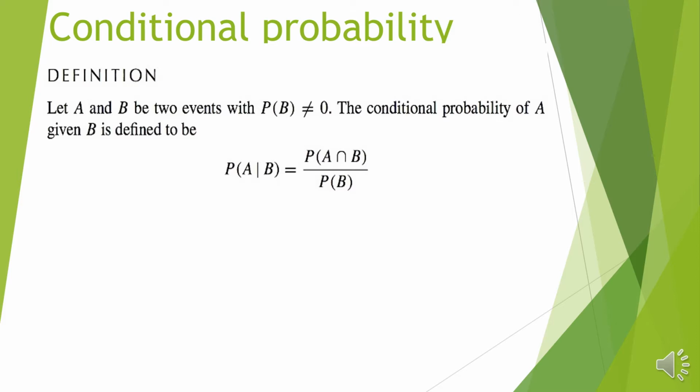Notice that the probability of B in the denominator should be different from 0. We read probability of A knowing that B, or A given that B, meaning A occurs when B occurs.